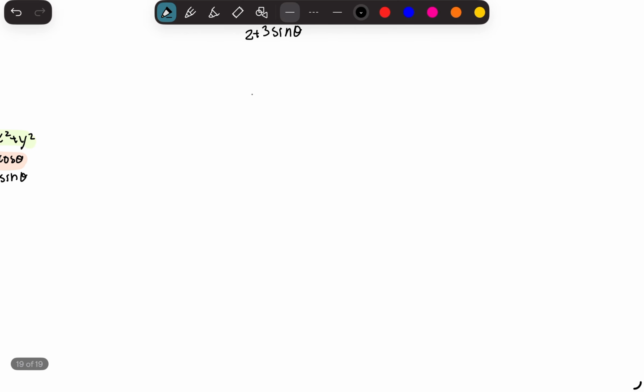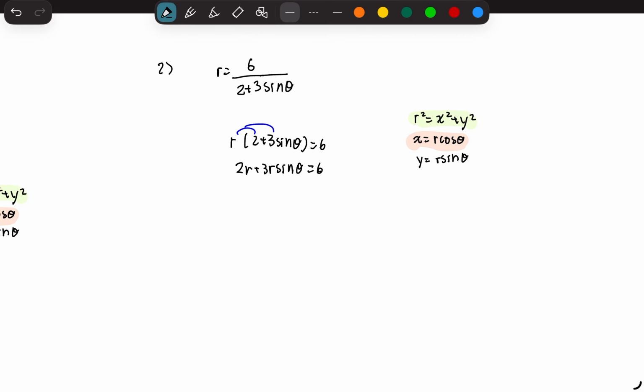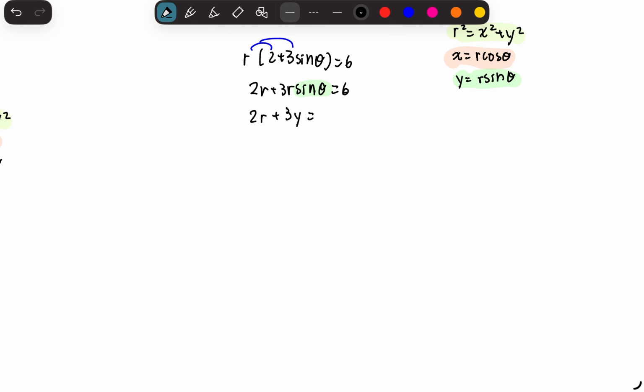And again, we have our relationships here, which I'm going to bring over. Let's make sine of theta green. So sine of theta, we're going to replace that with y.